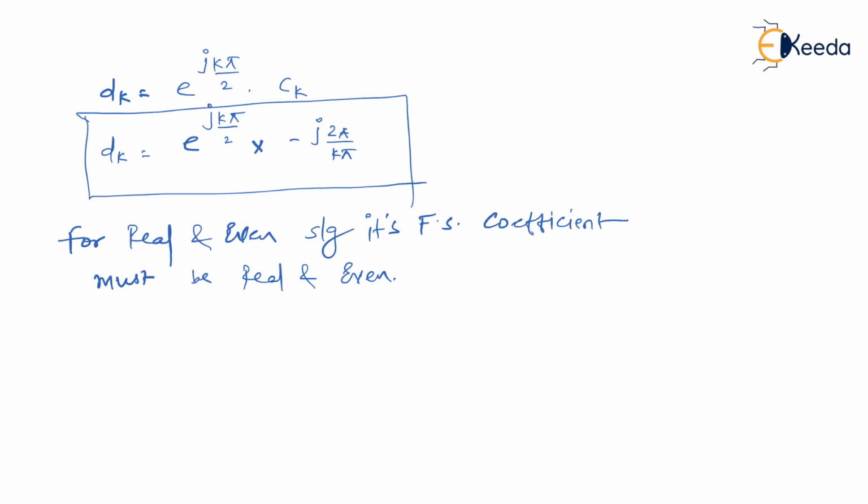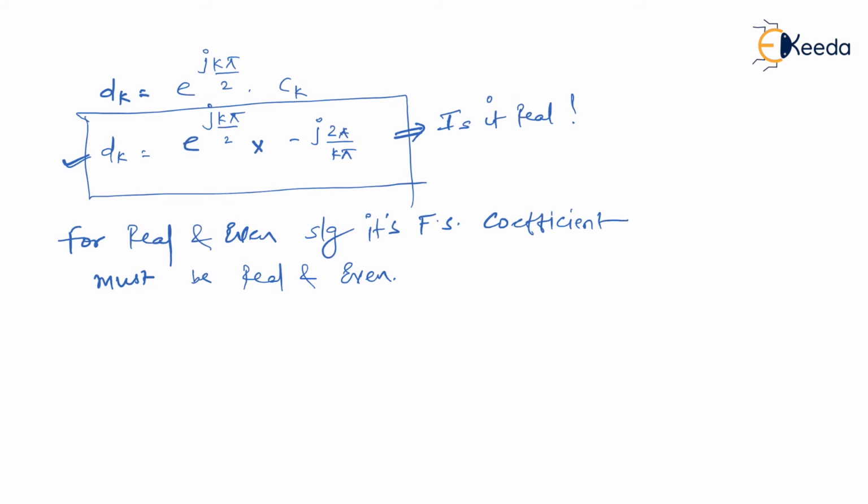Now, this is a Fourier series coefficient for the given signal which includes j in itself. If it is so, do you think the Fourier series coefficient is real? Is it real? For that, we need to solve this.